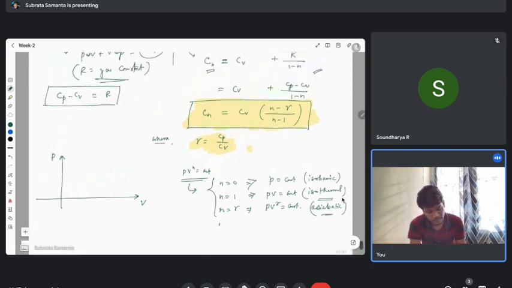What about n equals infinity? n tends to infinity.